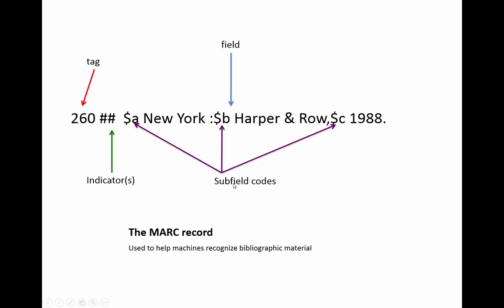So each of these, A, B, C, are subfield codes. Again, the whole line is the field. Then the leading number is the tag, followed by an indicator, and then the subfield codes, which tell us what's going to appear in the subfields. The subfields are the actual text that you see, and this is a little off, it's supposed to be pointed at 1988, that you see in the book.